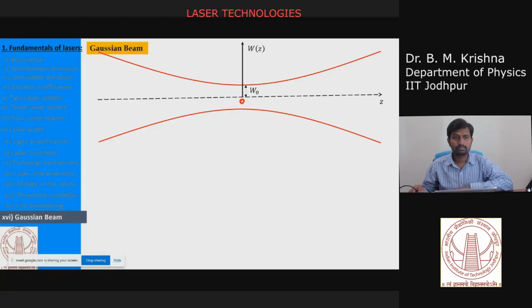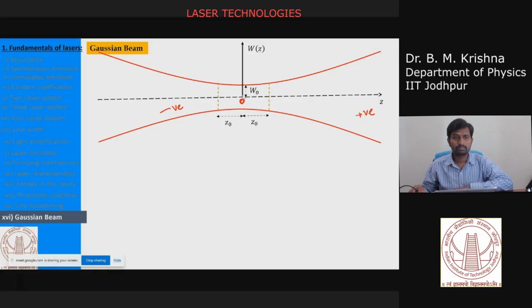That means it's a focal point. At a focal point, the distance from the center of the beam to edge is defined as W naught, and the distance from the center, that means our focal point, to z naught. So this is our z naught and this is our minus z naught. So this is the positive direction, this is our negative direction, negative z direction.